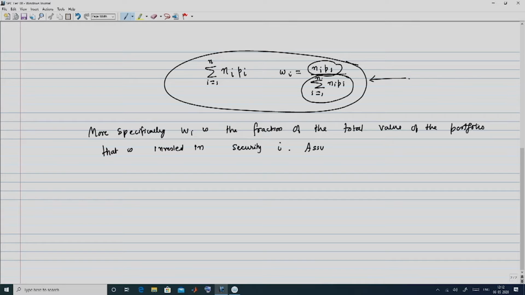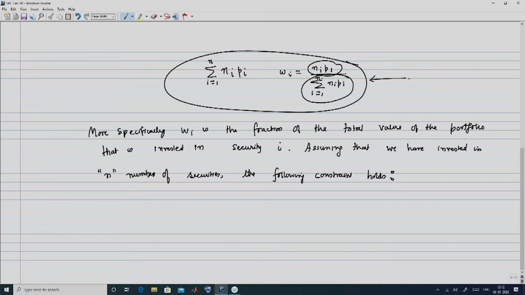So, assuming that we have invested in n number of securities, the following constraint holds, and this constraint is that summation W i, i equal to 1 to n, is equal to 1.